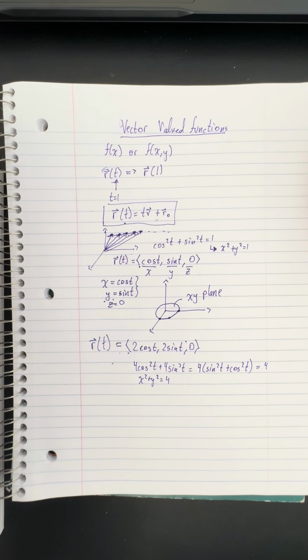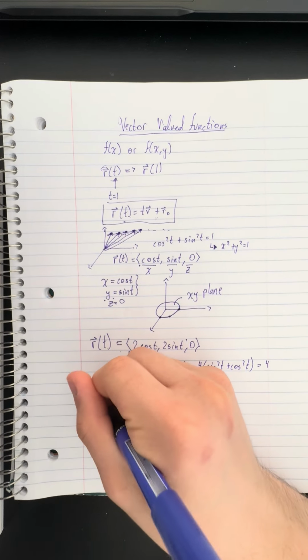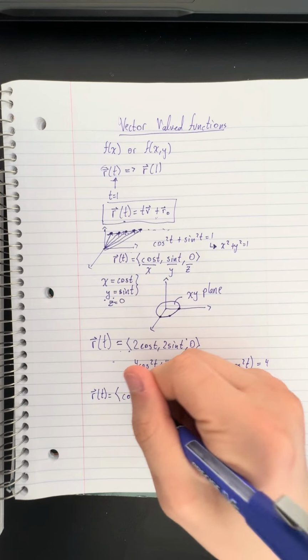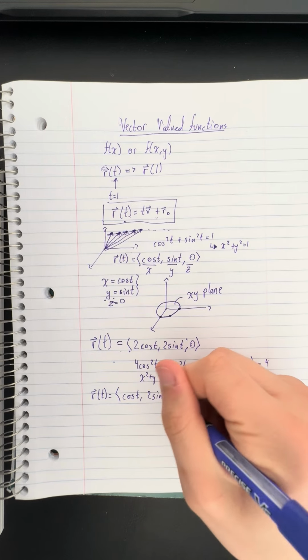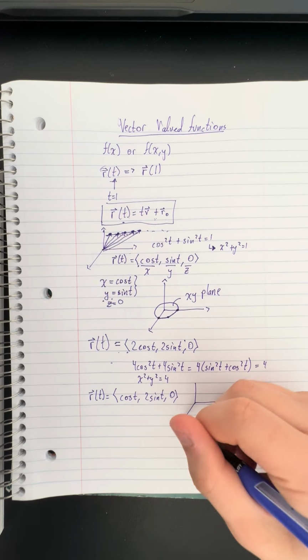So yeah, you could also make ellipses like this. Like if you just had r of t equals cosine t and then 2 sine t, right? Then you're just going to have an ellipse.